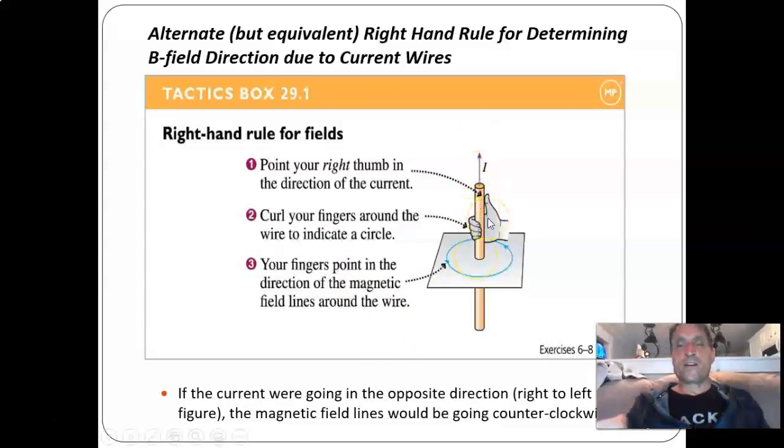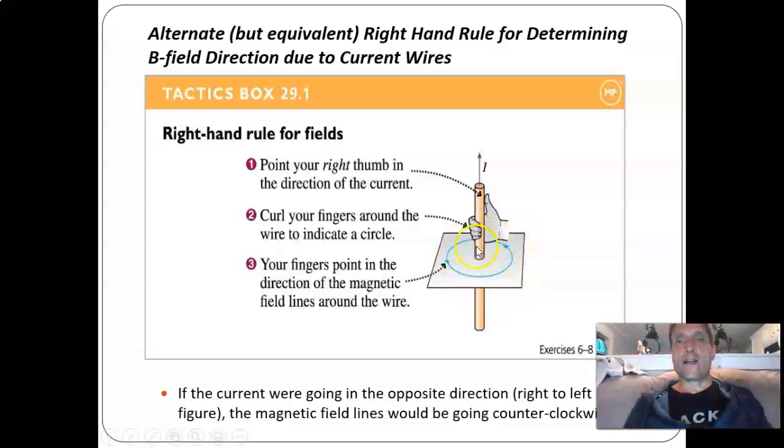You curl your fingers counterclockwise, and that gives the direction of the magnetic field. Okay, so the field lines are always going to be circles. Using this rule will help you determine whether they're clockwise or counterclockwise.